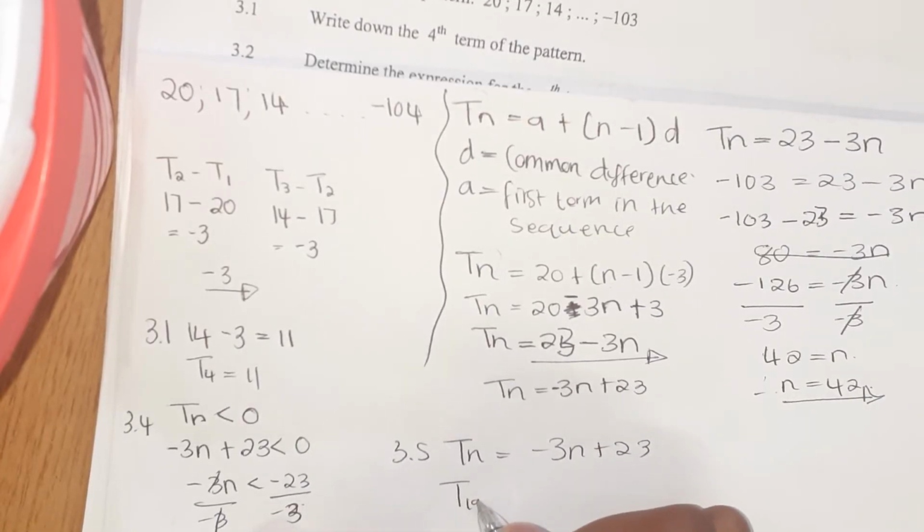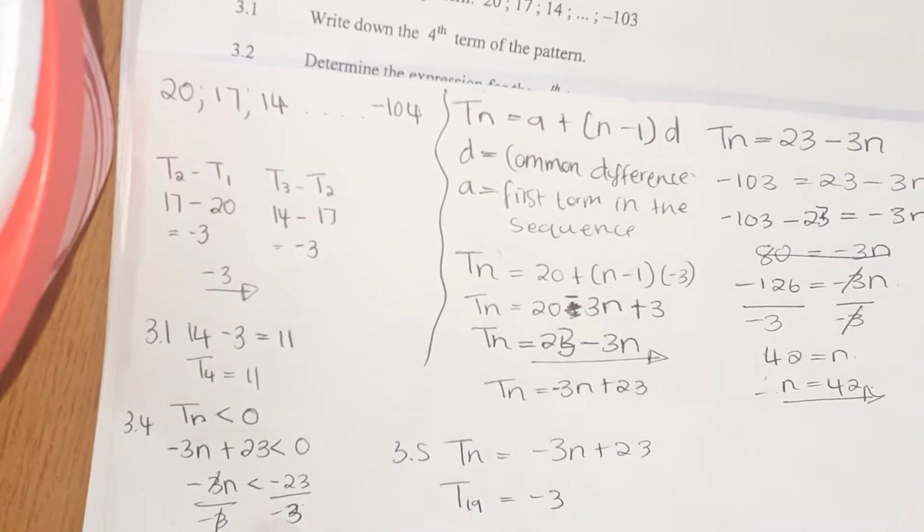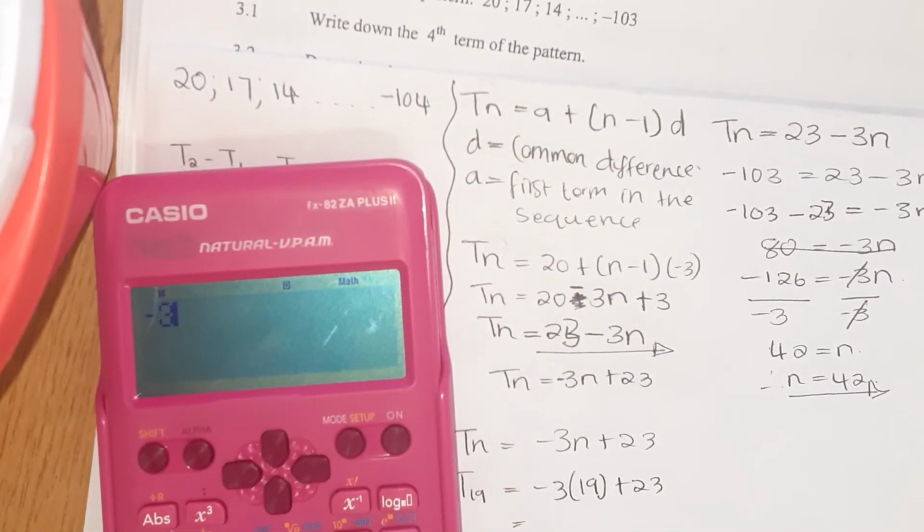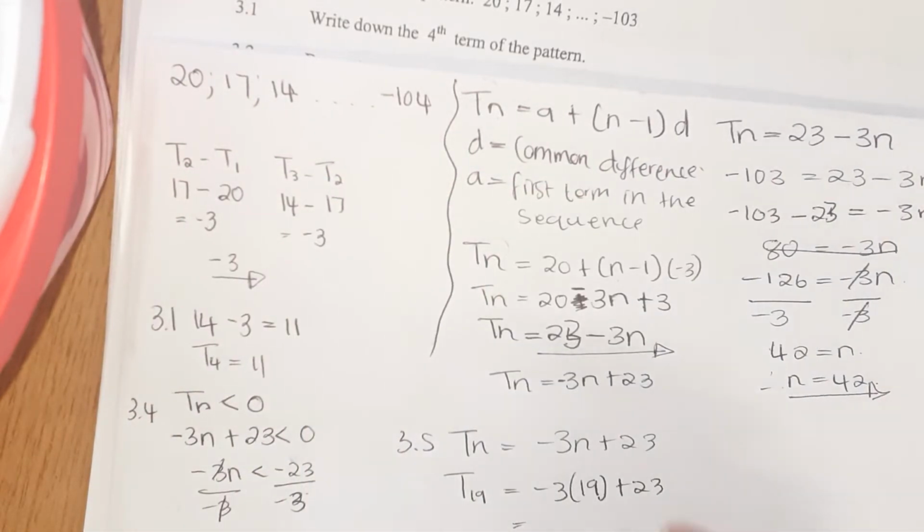So we are looking for the 19th: negative 3 into 19 plus 23. You put that into your calculator, negative 3 times 19 plus 23, and that will give us negative 34.